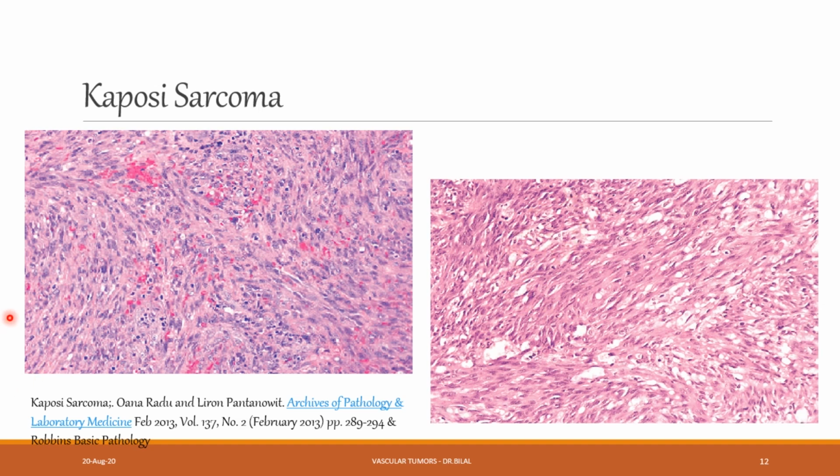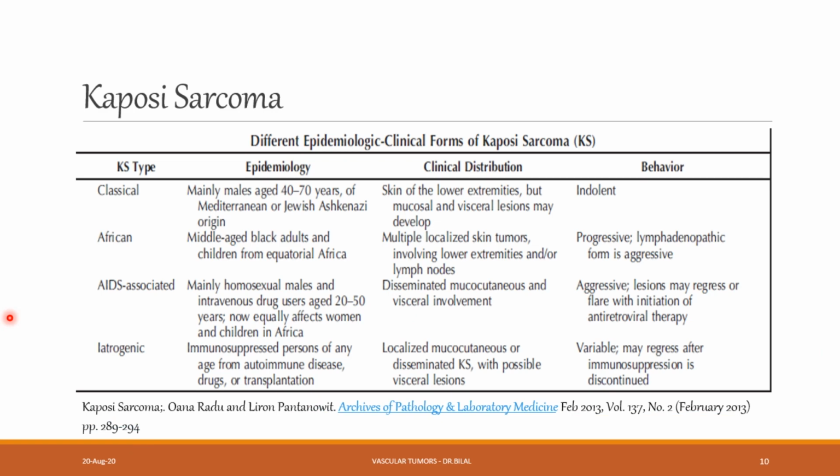So this is most likely Kaposi sarcoma. I repeat, HIV positive patient, spindle cell proliferation, slit-like vessels, and with some erythrocytes in those slit-like areas. It is most likely going to be Kaposi sarcoma they're asking about. Then there are different types: age-associated, African, classical, iatrogenic, but HIV-associated is the most important one to remember for you.